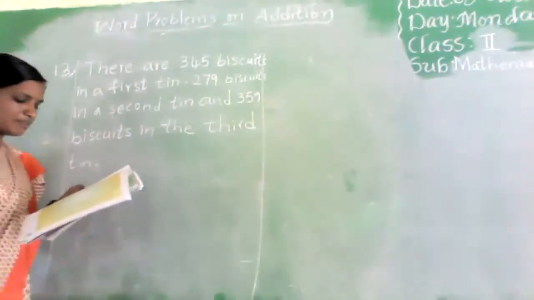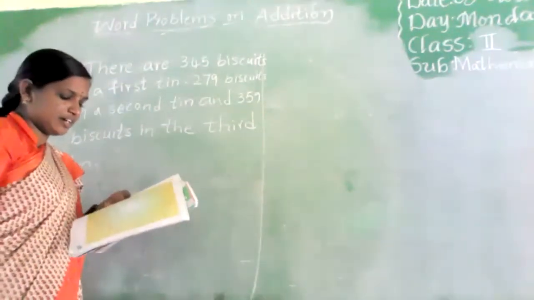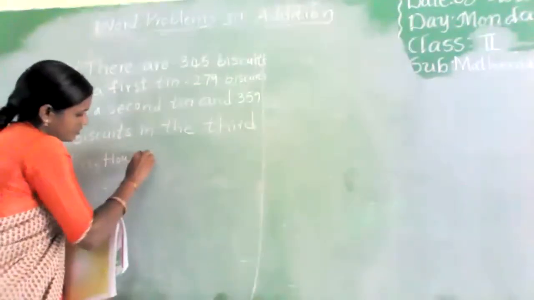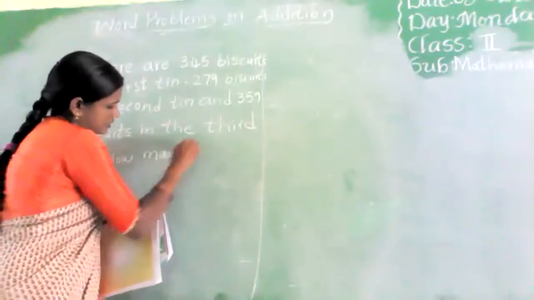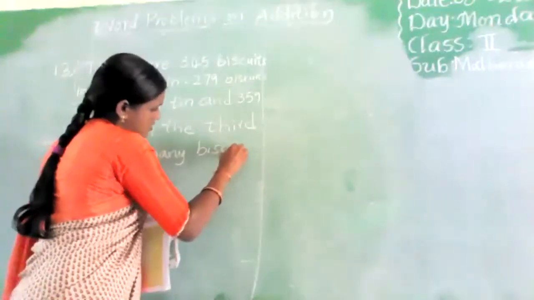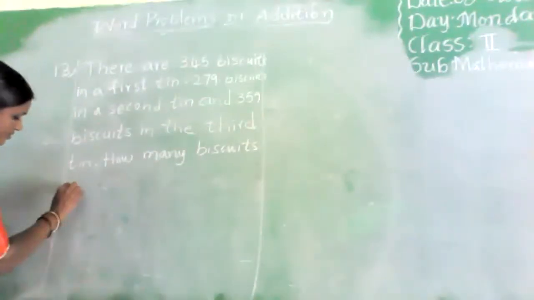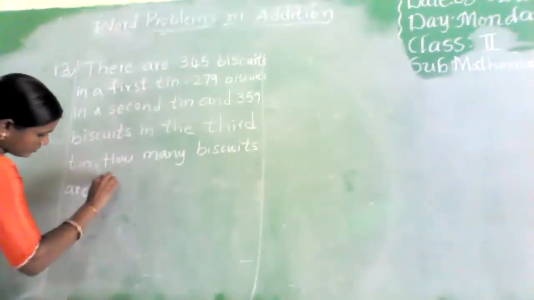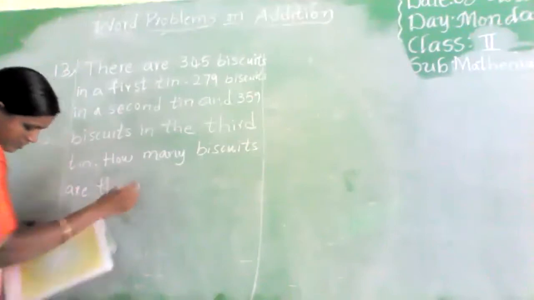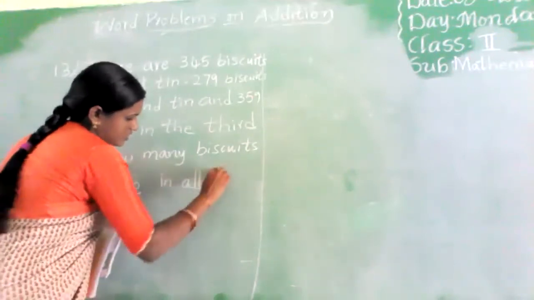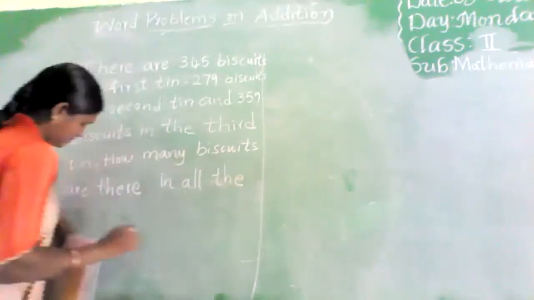So, how many biscuits are there in all three tins?